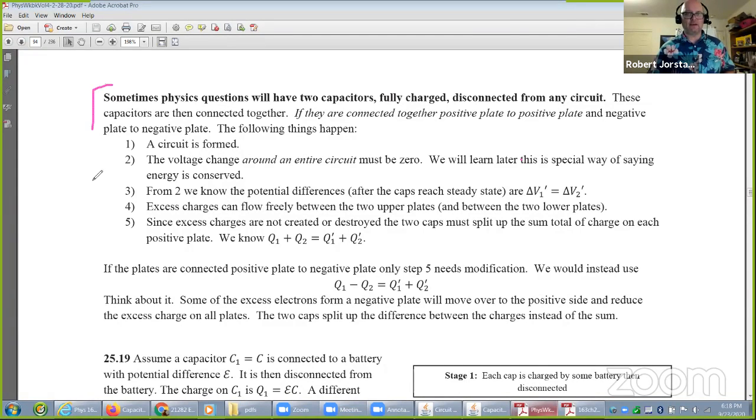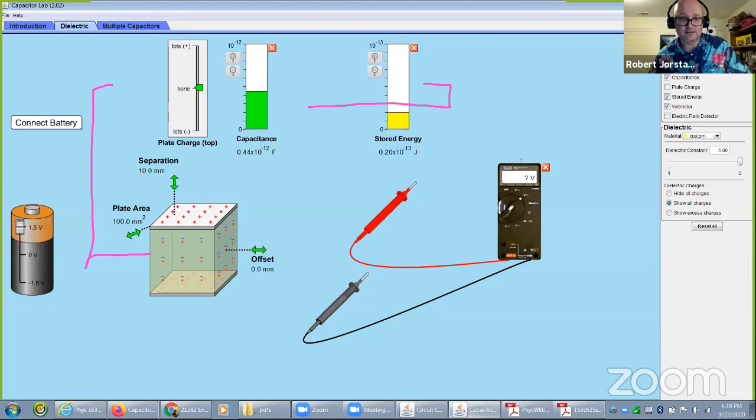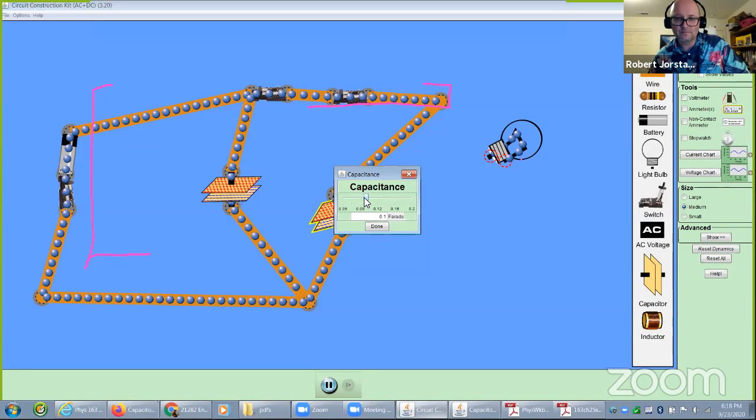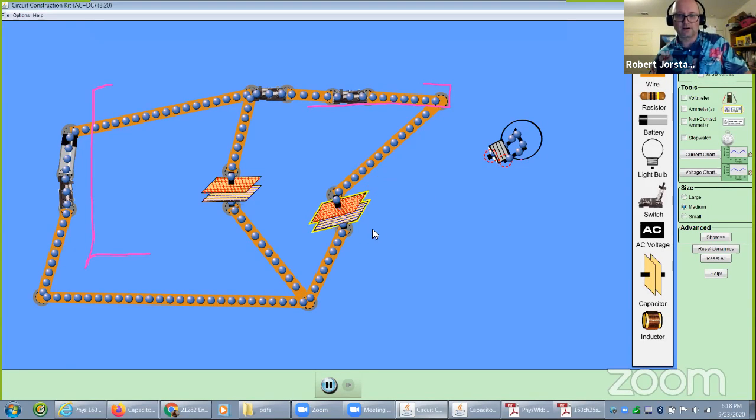Now, what if we have two capacitors and we charge them? Then you disconnect them from the battery and then you reconnect them to each other. I've actually showed you this earlier, and let's even see if we can do that. Let me do this really quick. Let's make this one bigger.